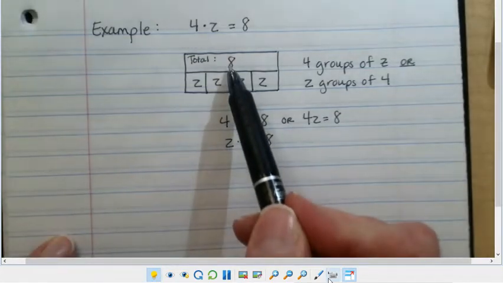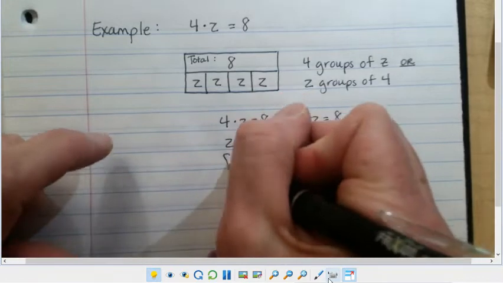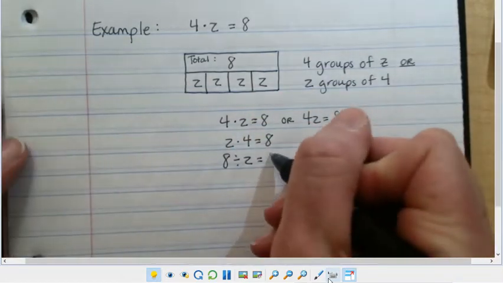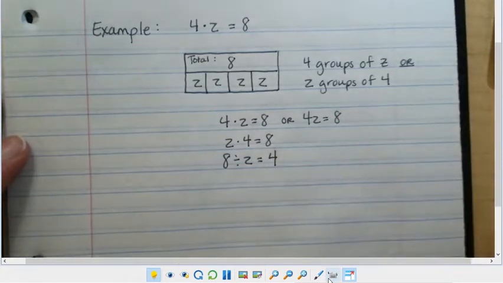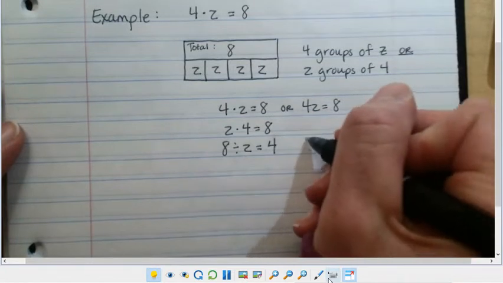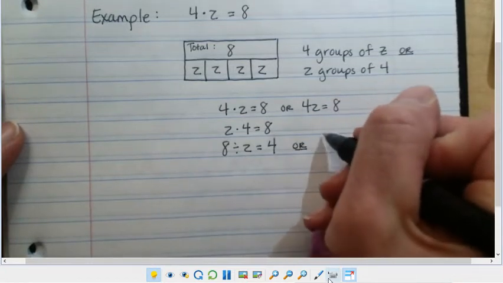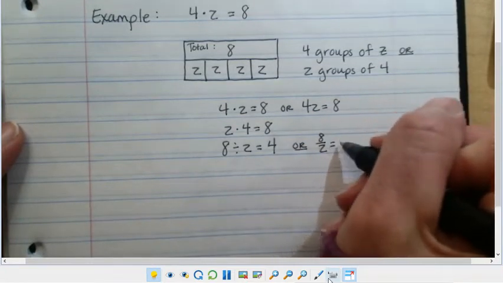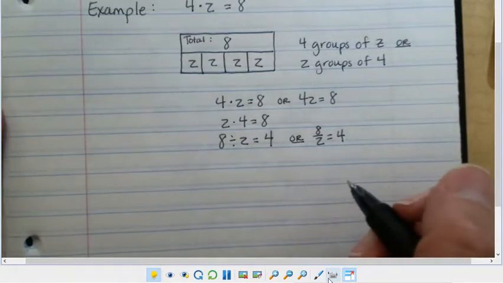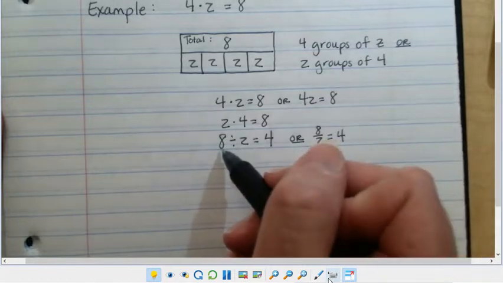So I could do 8 divided by z equals 4. Or, which also looks like this, I could write it this way. 8 divided by z equals 4. Or, because 8's my total, it has to stay here.